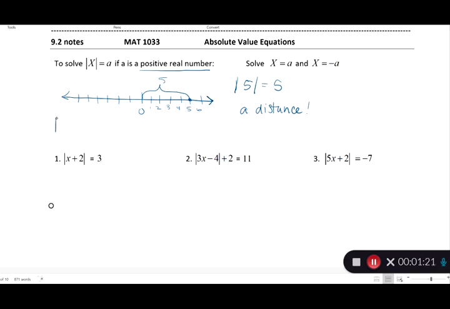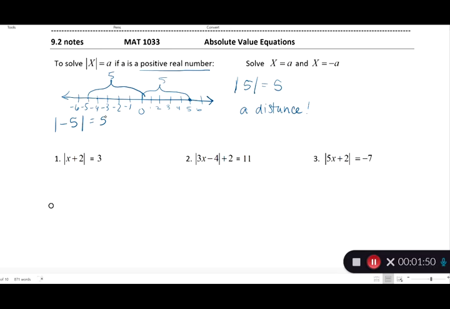Likewise, if I said, what is the absolute value of -5? Negative numbers are over here, right? It is still 1, 2, 3, 4, 5 units from 0. And this is why an absolute value always gives you a positive number. It cannot equal a negative number because you can't have a negative distance.